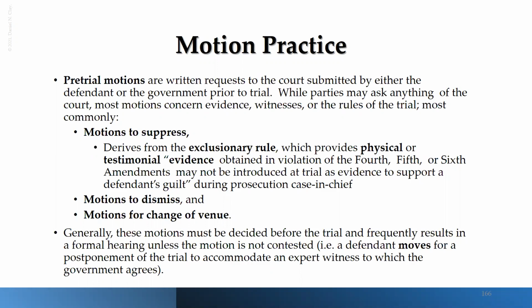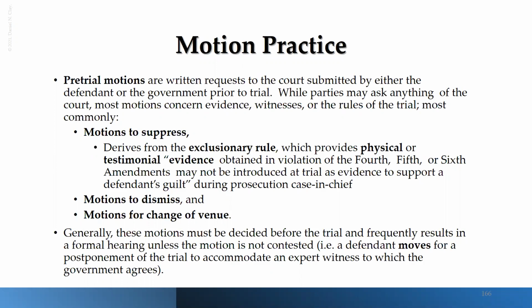Now, law enforcement can obtain evidence in violation of the Constitution, right? That's kind of the basis of this notion.